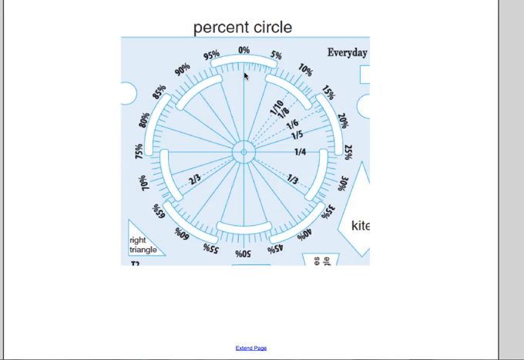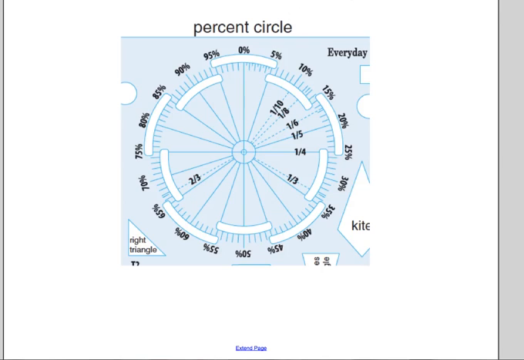And because there's one full circle divided into 100 little chunks, each chunk would be 1/100th of the area of that circle, or in other words, 1% of the circle, because the whole circle makes 100%. So each little tick is 1%.